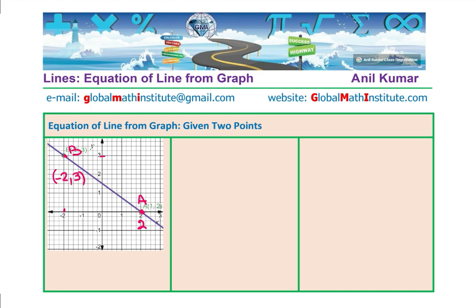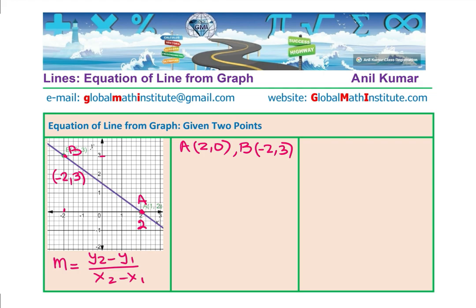So once I have identified 2 points on the line, they will define a line. So I'm saying I have a point A, which is 2, 0, the x-intercept in this case, and point B, which is -2, 3. Now using these 2 points, I can always find the slope. Slope is given by the formula m equals to y2 minus y1 over x2 minus x1. Clear?